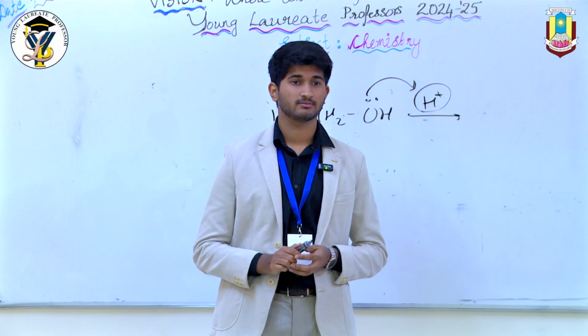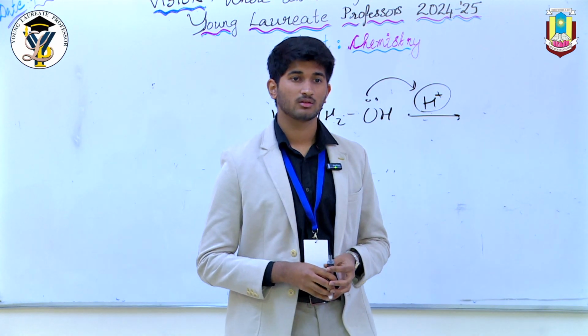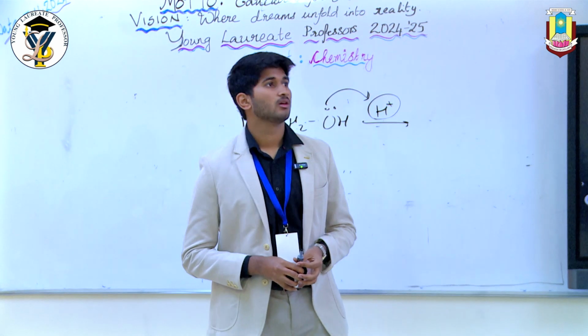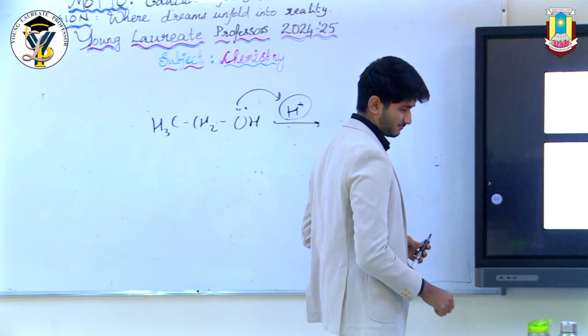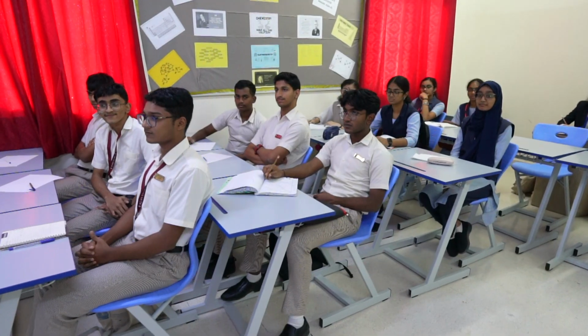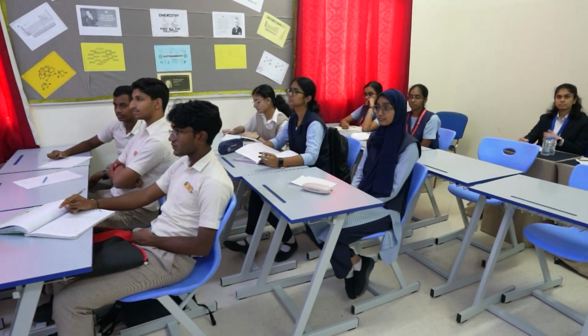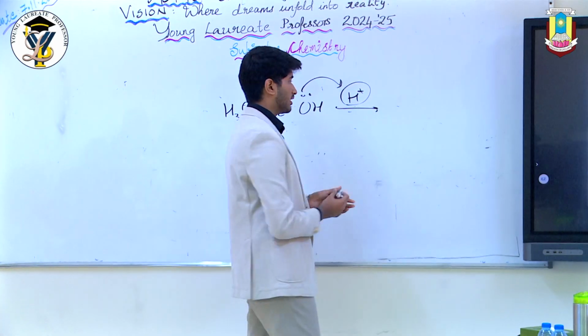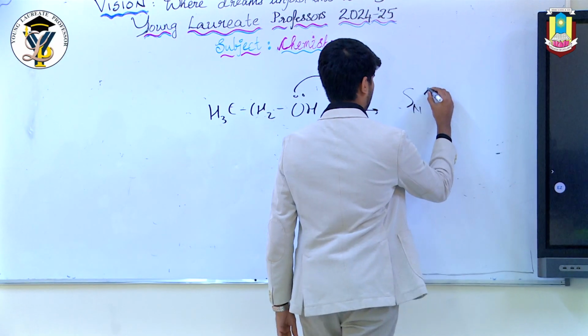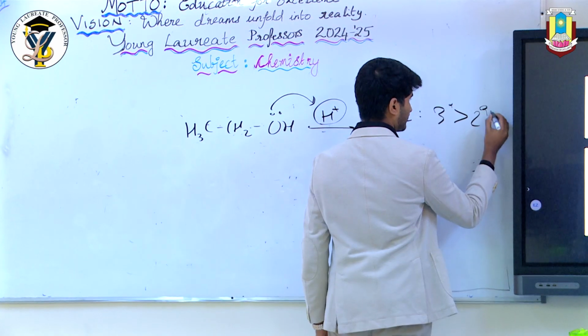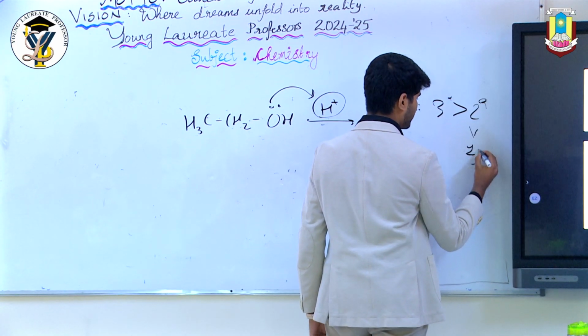Any other questions? Yeah. So does ethanol to ethoxyethane follow an SN1 or SN2 mechanism? Okay, that's a very good question. As you might have studied in the sixth chapter, for SN1 reactions the reactivity series is 3 degree first, 2 degree second, and then 1 degree last.